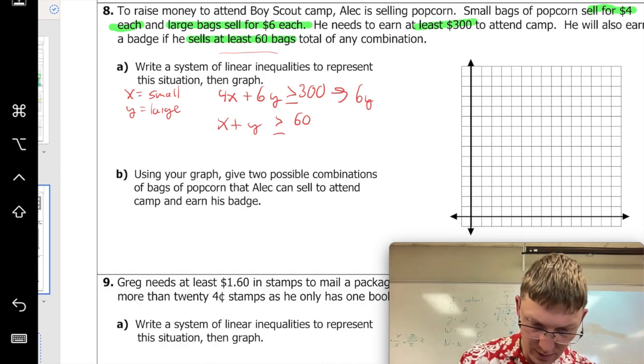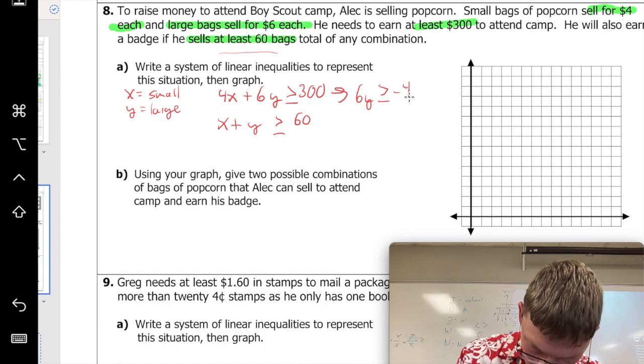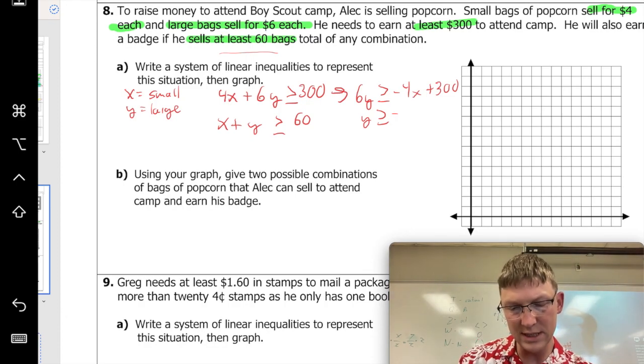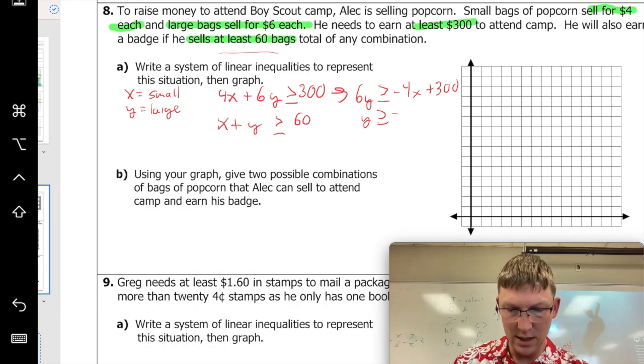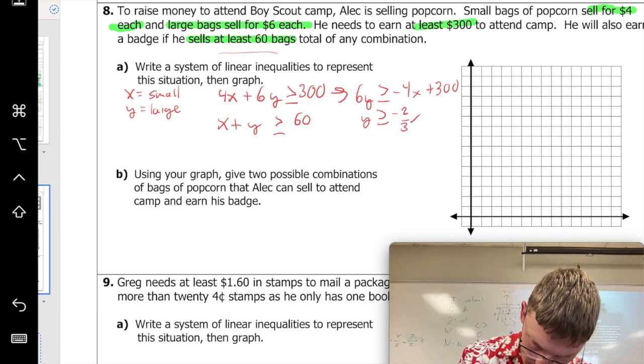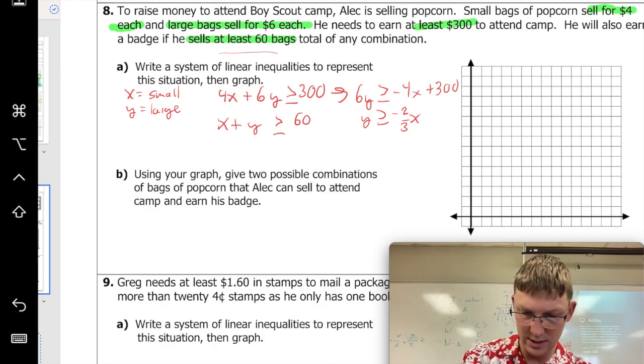Anyway, we're still rewriting that so we can graph it. So we're going to have negative 4x plus 300. Y is less than or equal to, so negative 4 over 6, dividing both sides by 6, is 2 over 3 X. And then 300 divided by 6 is going to be 50.